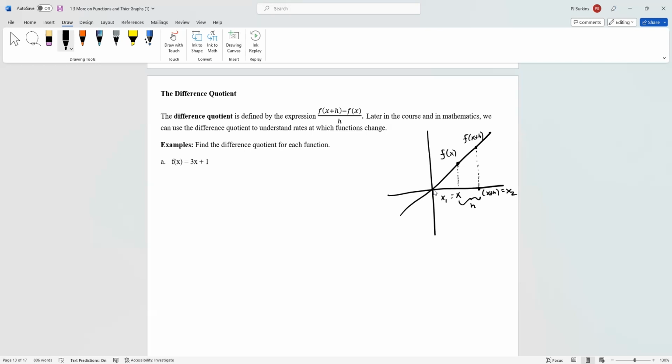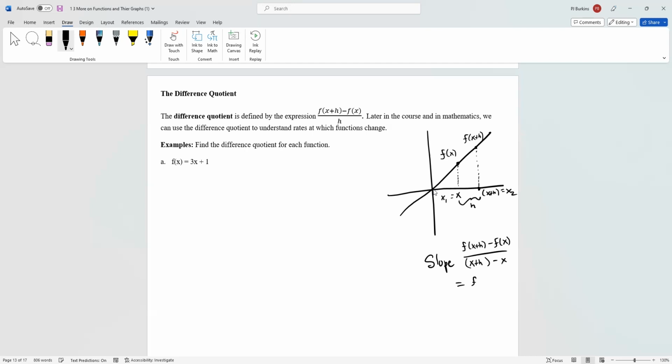So if I wanted to find the slope between those two points, I would do f of x plus h minus f of x, the y values subtracted, over x plus h minus x.